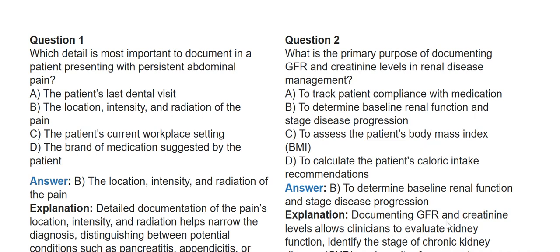Documenting GFR, glomerular filtration rate, and creatinine levels allows providers to evaluate kidney function, identify the stage of chronic kidney disease, CKD, and monitor for worsening or response to treatment. Neglecting these markers can result in inadequate management of renal conditions.